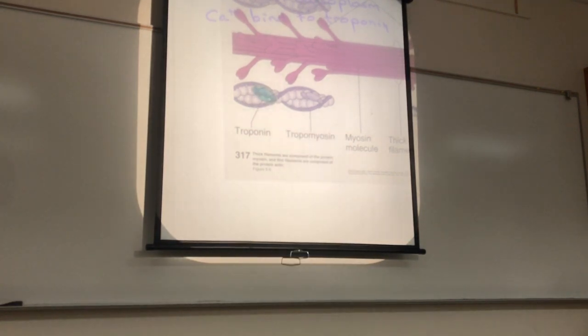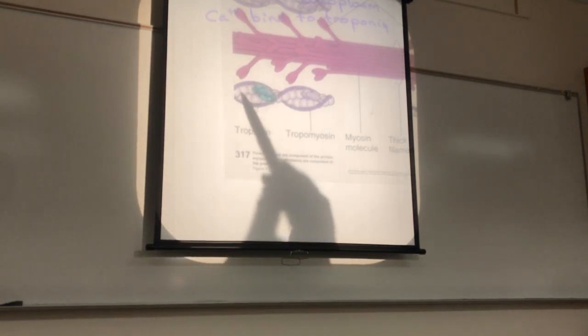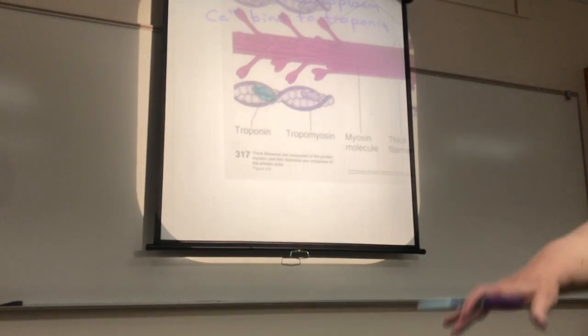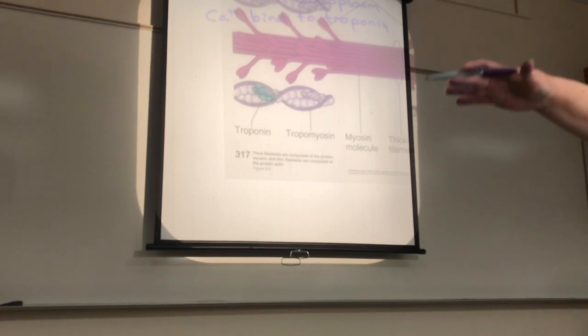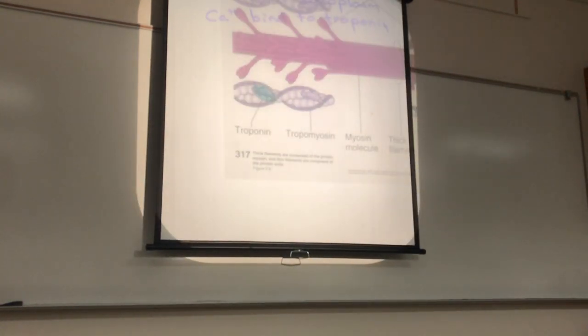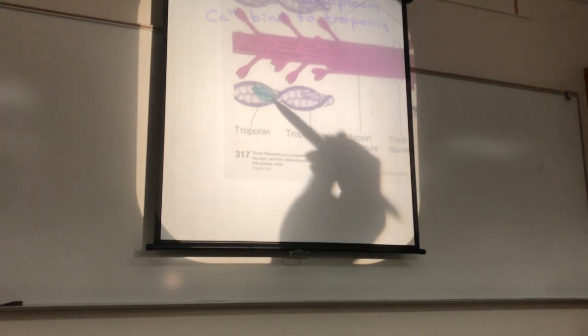By adding on an atom of calcium at the end of the troponin, that makes this side of the molecule a little bit heavier, right? So it's kind of at an angle like this, and then we put on a calcium, and now it starts to tip over or flop over. When it does that, this side of the molecule is attached to the tropomyosin.